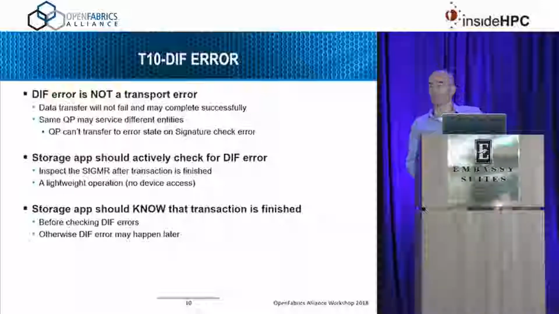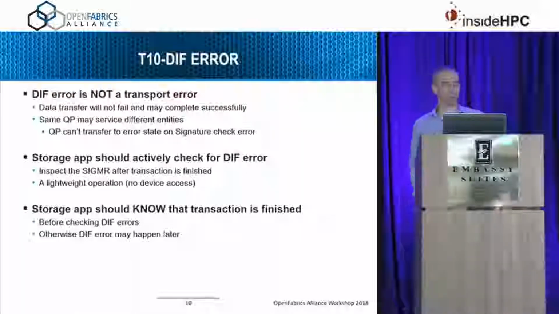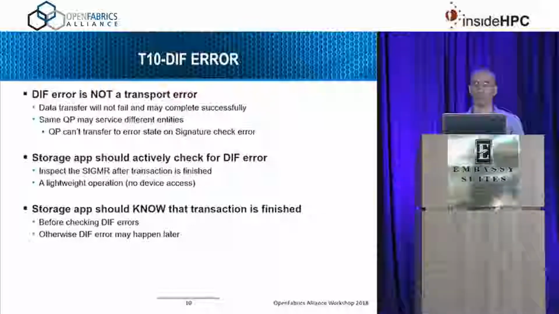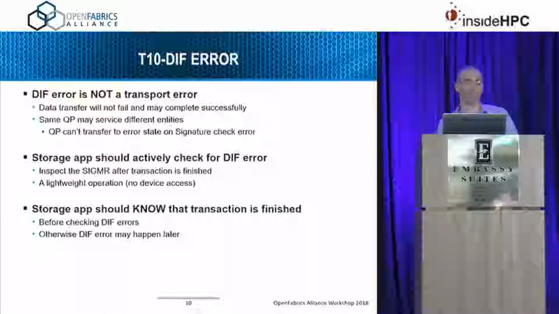Now, how do we handle an error? In case signature check failed, what do we do? So we need to understand that signature error is not a transport error. Traffic can still pass through the network medium and can pass CRC, and everything can be fine.